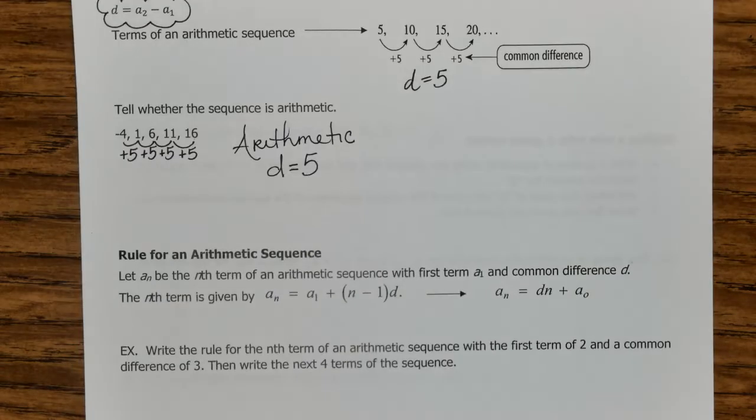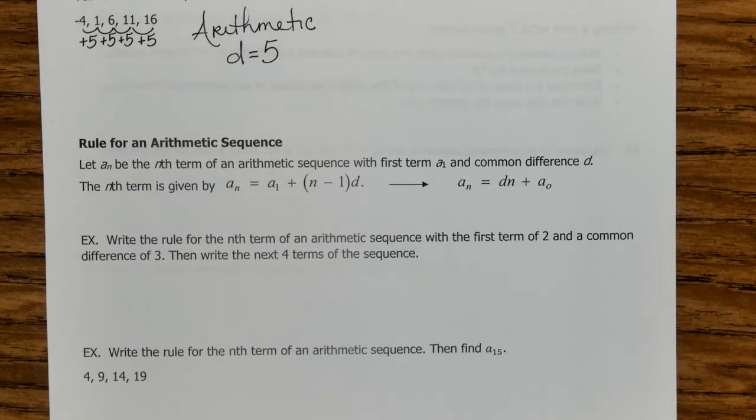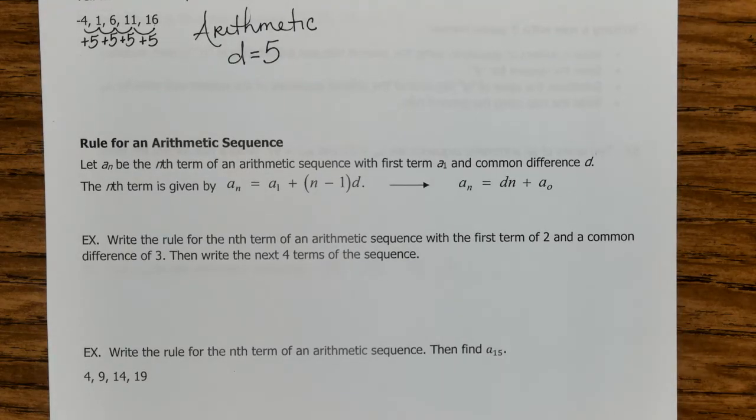Your rule for an arithmetic sequence: A sub n is your nth term, so that's pretty much like a y. Your A1 is your first term, your d is your difference, and your n is like your x, the position of that term in the sequence.